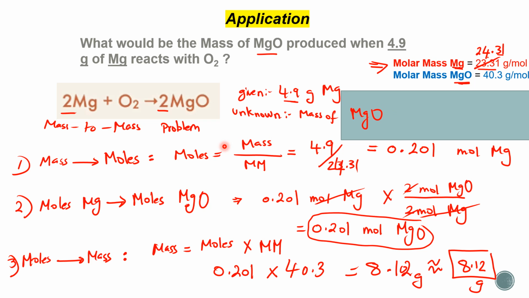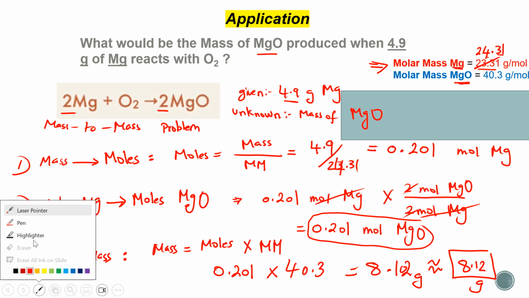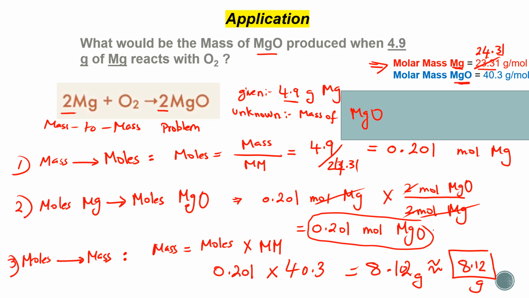ما في شيء جديد. But actually, what I want to tell you, this thing here is actually the theoretical yield of MgO. ليش هذا هو الثيوريتيكال ييلد؟ لأن احنا قلنا الثيوريتيكال ييلد هي الماس تبع البرودكت اللي نطلعها بالحسابات بالورقة والقلم اللي هي mass to mass problems.